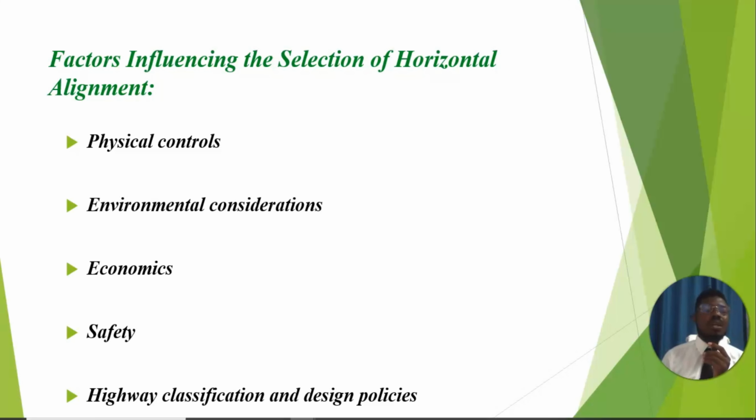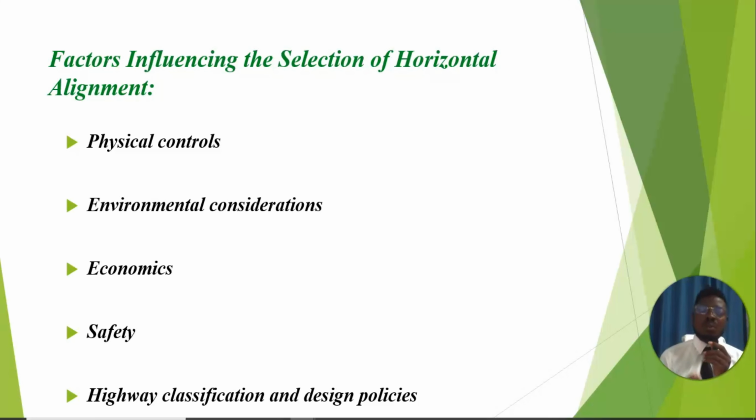We need to look especially at the sight distance. We'll take a look into that soon, talking about the sight distance, whether a short sight distance and the rest of it. We need to look into the consistency of the alignment and human factor consideration. When we talk about the human factor, we know what we call human error, which I think we already explained in one of the videos.